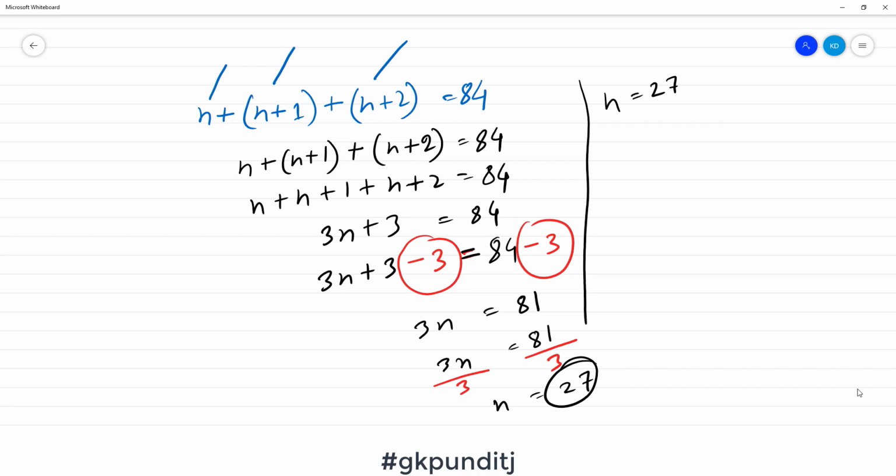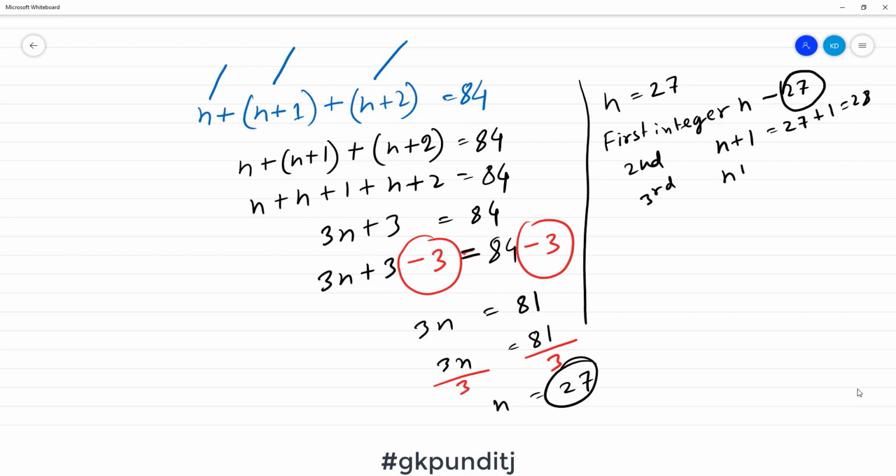Now our first integer is equal to n, and that is 27. The second one is n plus 1, that is 27 plus 1 is equal to 28. And the third one is n plus 2, that is 27 plus 2 is equal to 29.